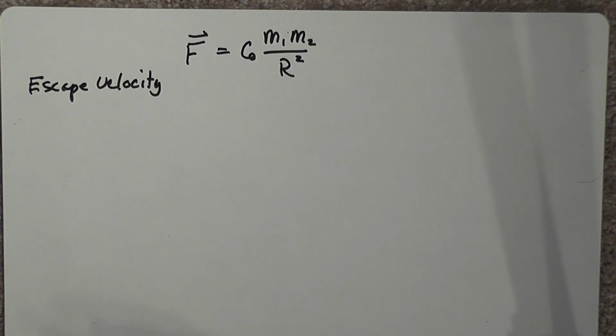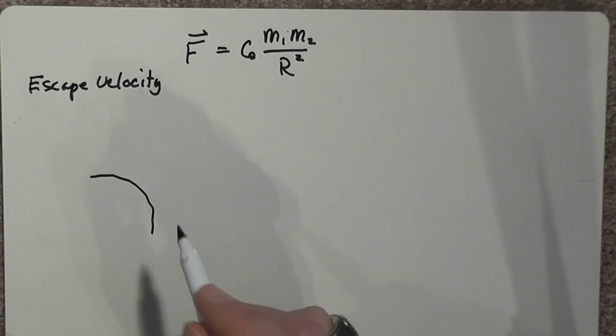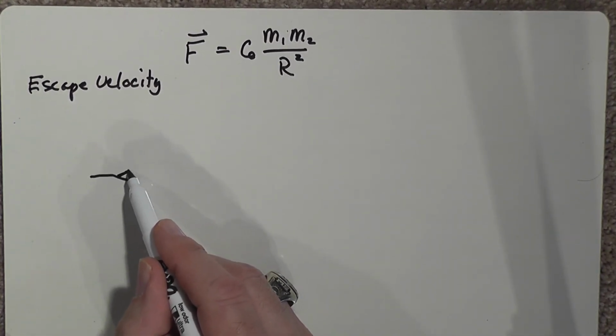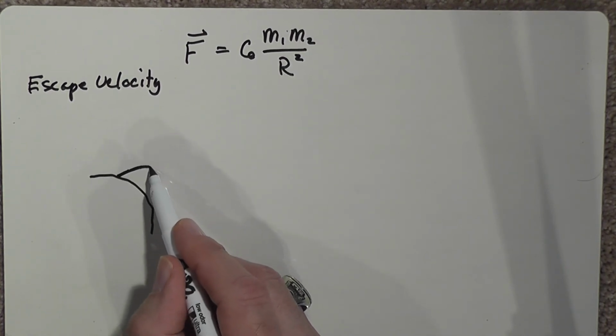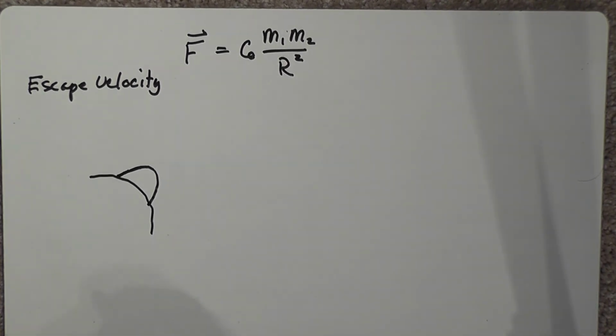Now, we know one thing for sure: when a projectile is launched from Earth, it has to reach a certain speed, otherwise it will follow a parabolic curve and come right back down to Earth.